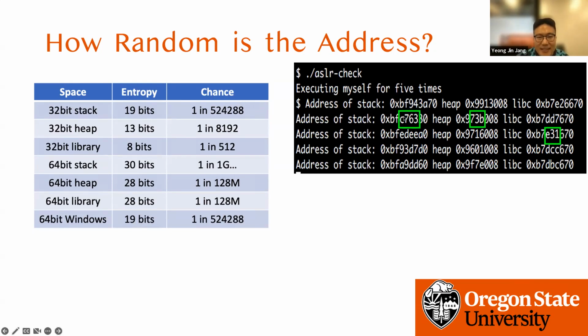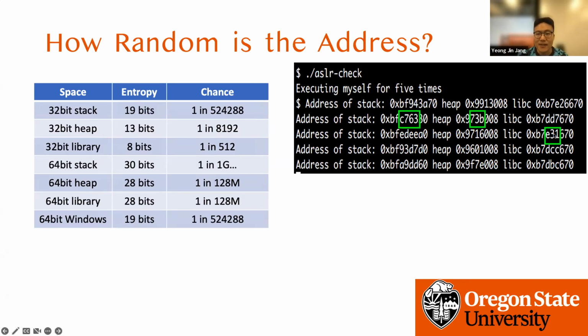For the stack addresses, around 4 digits are changing in hexadecimal, and you can regard 1 hexadecimal digit as 4 bits, because it can represent 16 cases. For the heap addresses, 3 digits are changing, but it's always 7, 8, 9, not the low numbers. So the heap space is randomized as 1 in 8,000.